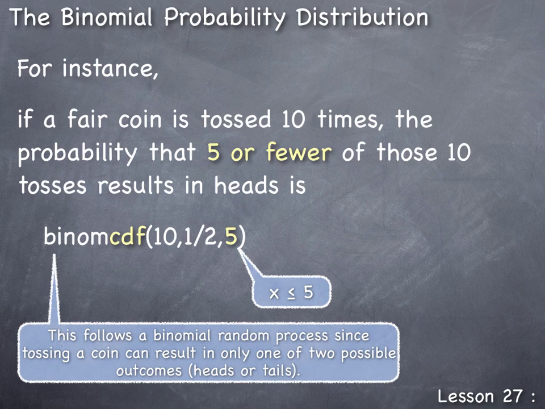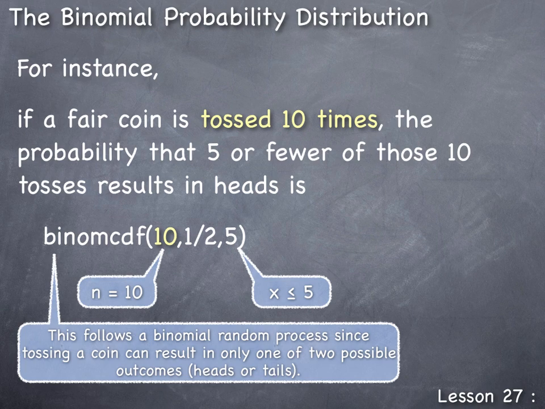CDF means cumulative, meaning we're going to add up all the probabilities starting at the lowest value of x, which is always 0, and going all the way up to the particular value that's entered into the x for the binomcdf command, in this case 5. So this result will find the probability of all the values less than or equal to 5, that is from 0 to 5. The first number in the command is the total number of attempts.